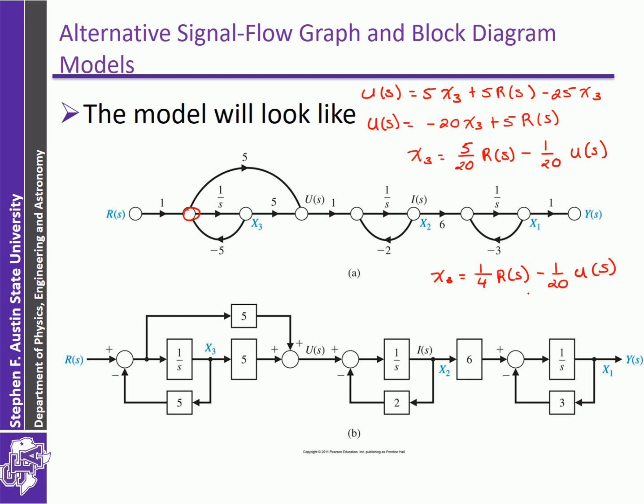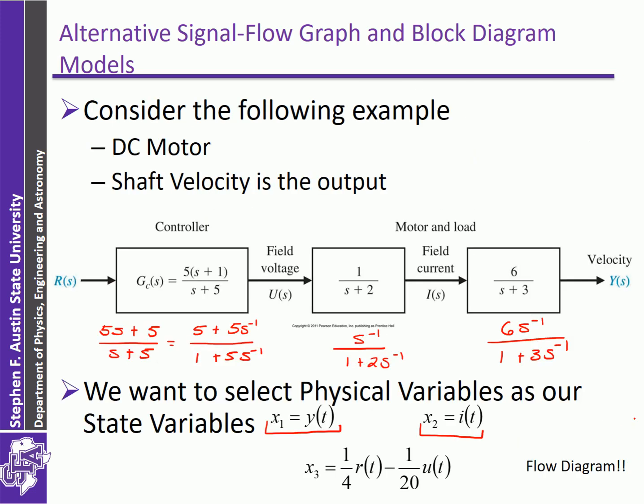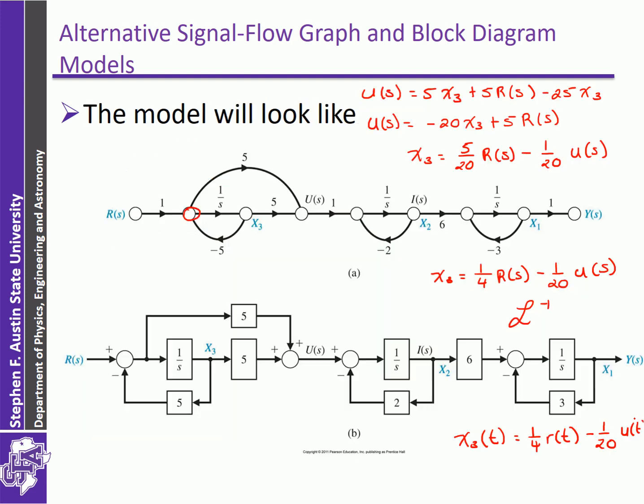From here we take the inverse Laplace transform, and we get that x3 as a function of time will be equal to 1 over 4 r of t minus 1 over 20 u of t. And that will match the expression that we have here from the author.